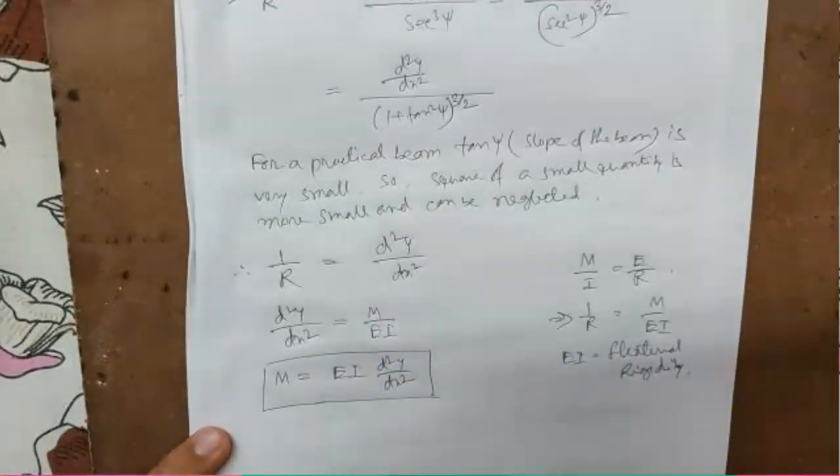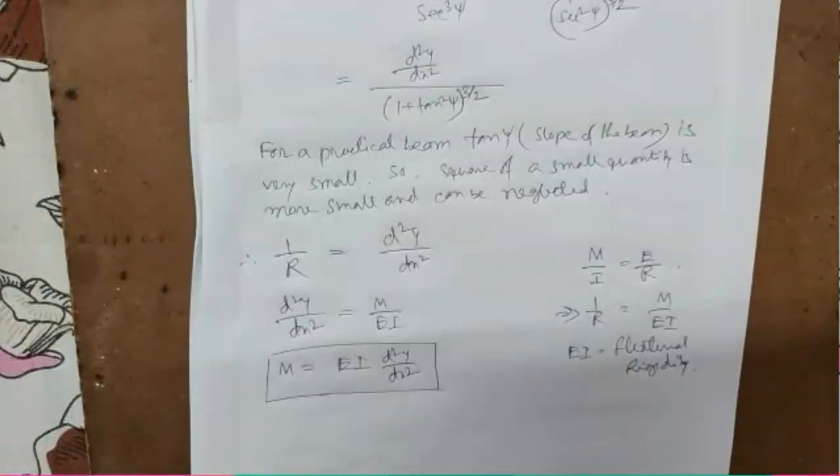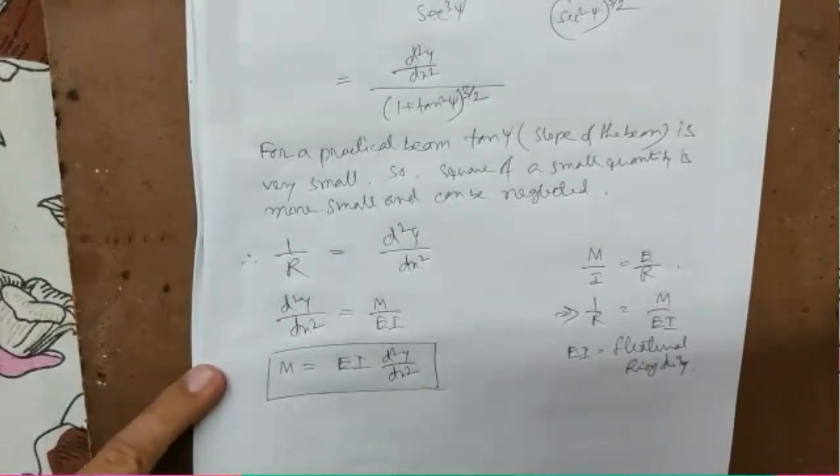Now if you look at this equation, you will find that upon integration we will get dy dx, which will be the slope of the beam at any value of x. If we put in the value, then we can get the slope of the beam.